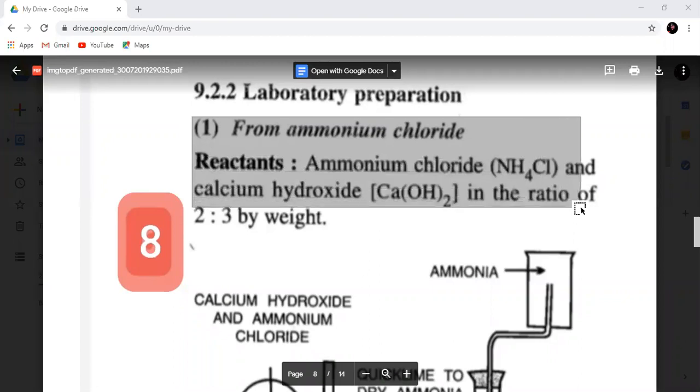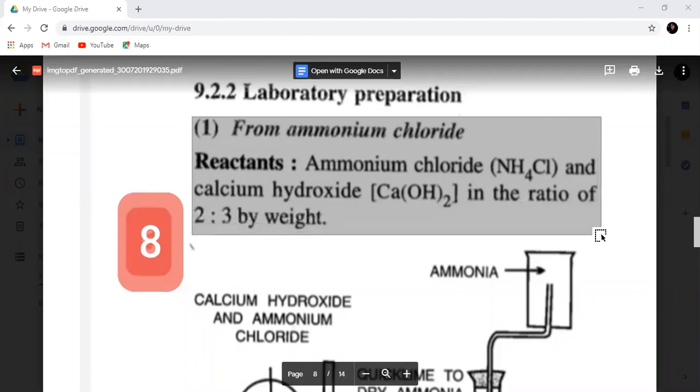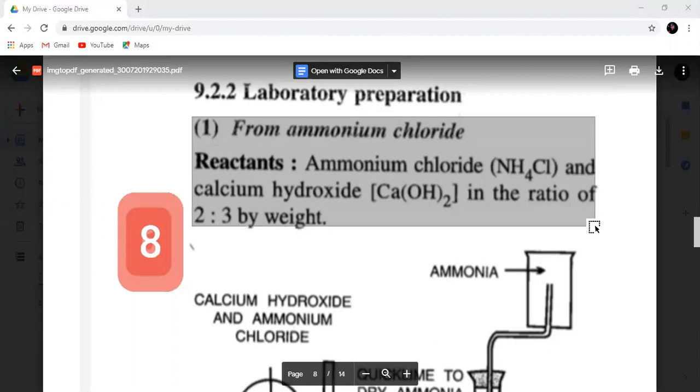With the ammonium chloride, we use calcium hydroxide in the ratio of 2:3 by weight. Check it, the ratio is not equal. The reason is that this calcium hydroxide counteracts the ammonium chloride sublimation. That's why we use this type of ratio.